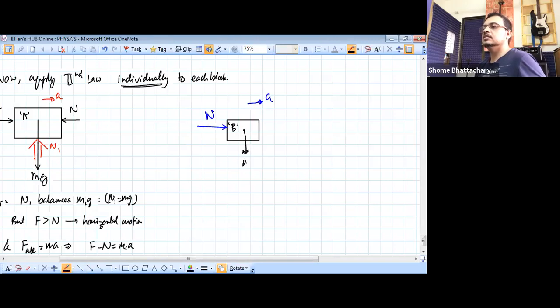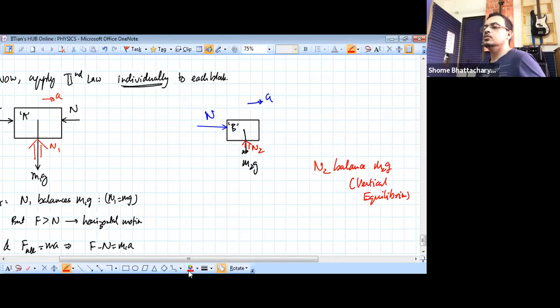Its weight is again getting balanced by the normal contact force from the ground. So N2 balances m2g. So this is why there is vertical equilibrium. There is no motion in the vertical direction.